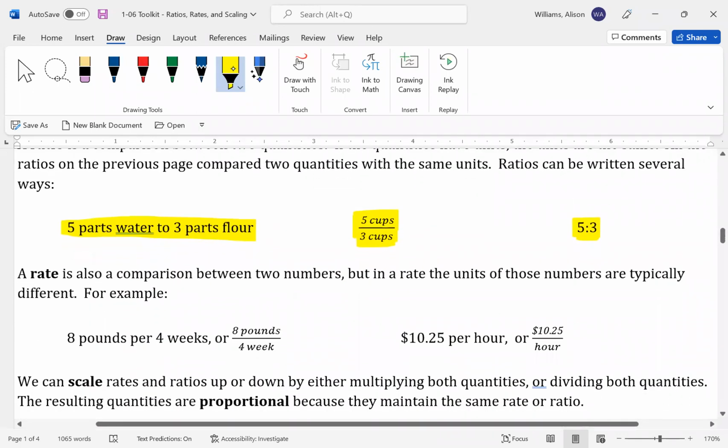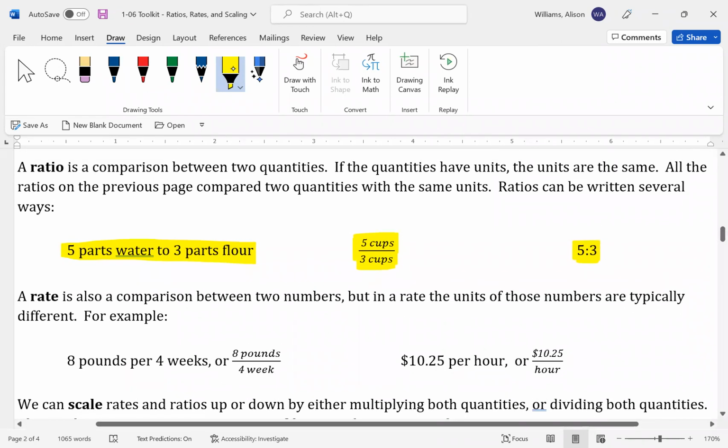So let's look at rates. So the difference is up here, ratios are comparing two quantities with the same units, but a rate is comparing them where they are typically different. So 8 pounds per 4 weeks can be written as 8 pounds over 4 weeks.